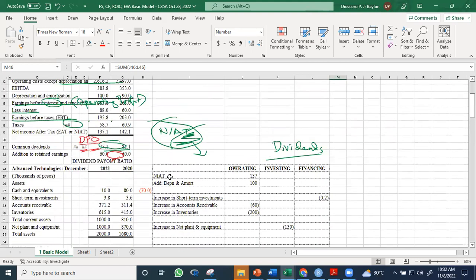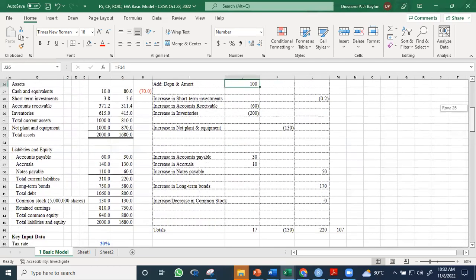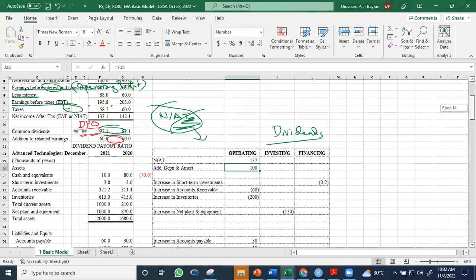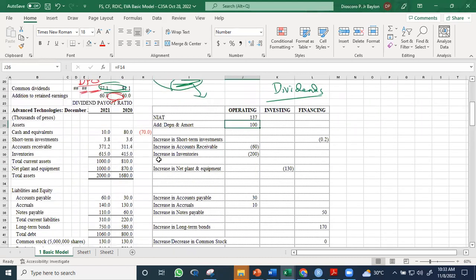What we included is the net income after tax, and then we added back depreciation and amortization. Is there any other adjustment that we need to do, or any other activity in the income statement that's not reflected in the net income after tax and in the depreciation and amortization?